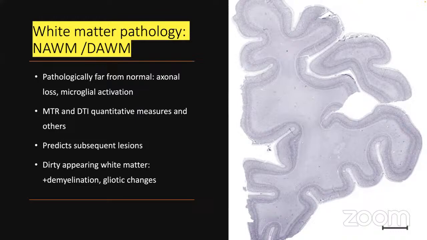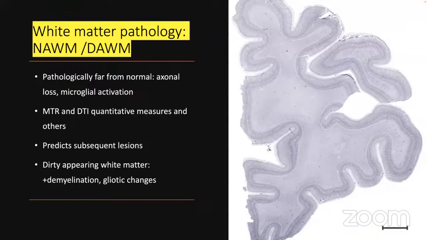So if it is a chicken and egg story, the normal appearing white matter comes first, and then comes the focal damage.